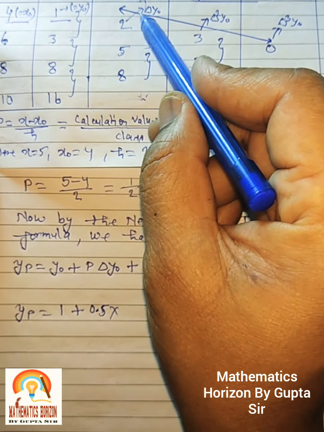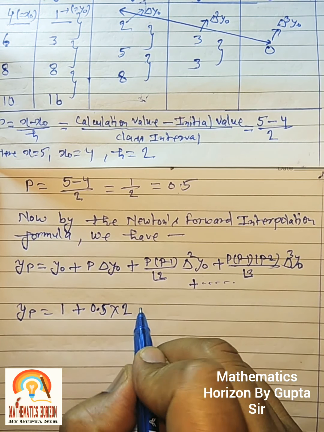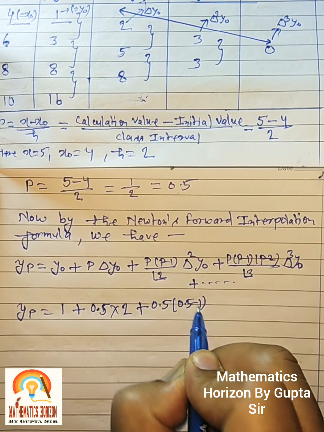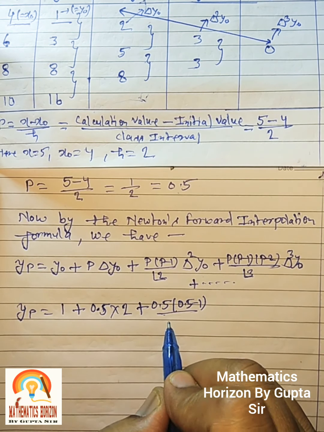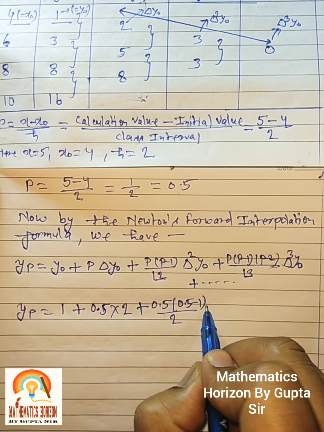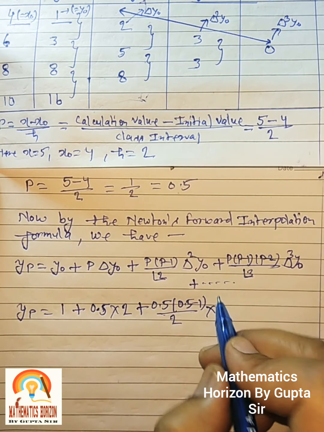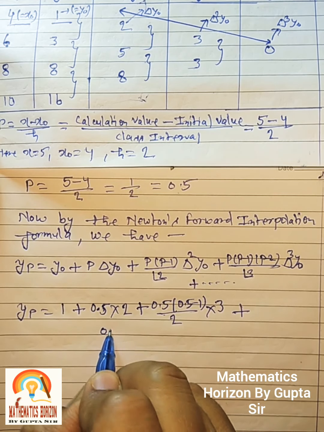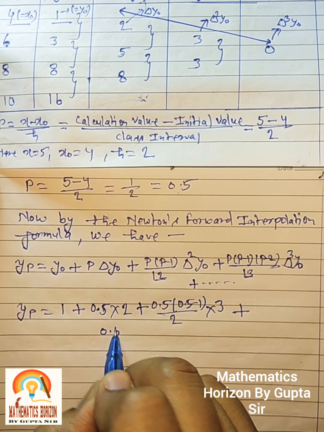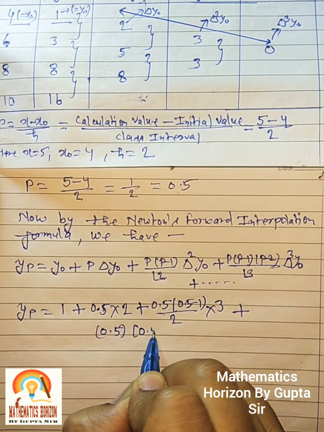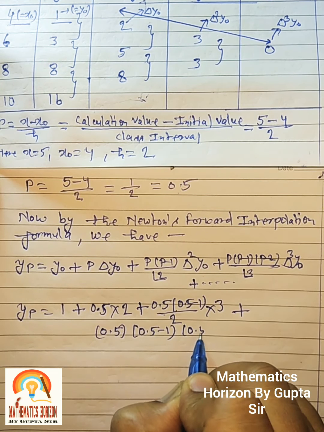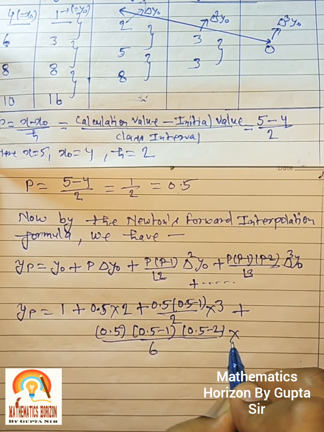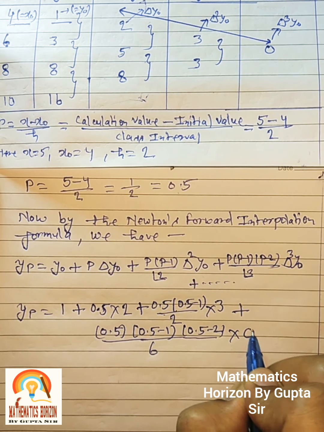Del y0 is this 2, plus 0.5 into 0.5 minus 1, the value of p, upon factorial 2 means 2, into del square y0. Del square y0 is 3, plus p minus 1, p minus 2, that is 0.5 into 0.5 minus 1 into 0.5 minus 2 upon factorial 3 means 6, del cube y0, and del cube y0 is 0.